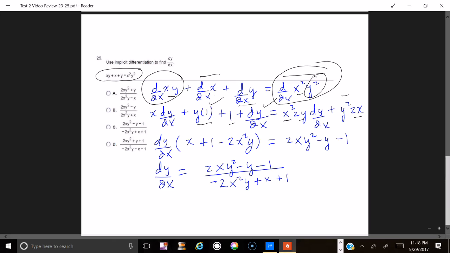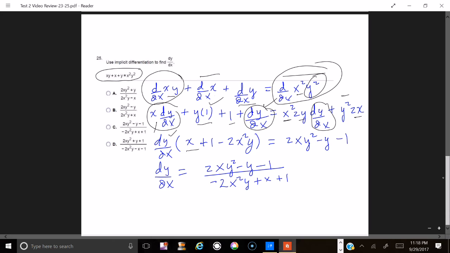Now we are going to look at all the dy/dx's and collect them all on the left hand side. So factor out dy/dx and we're left with x.